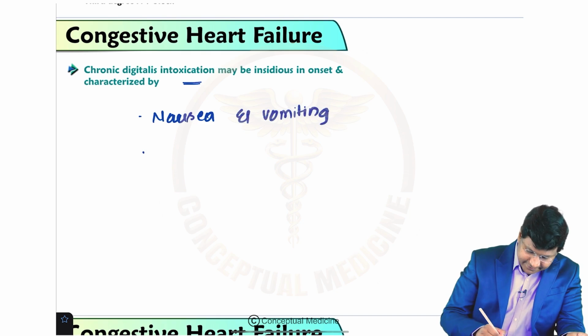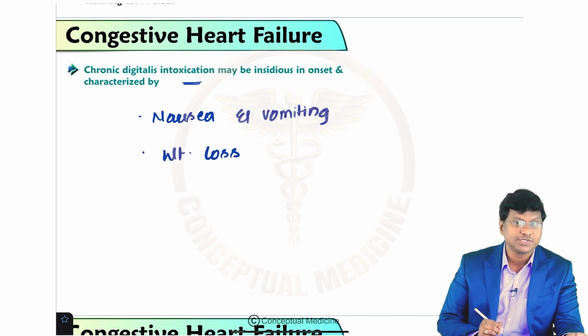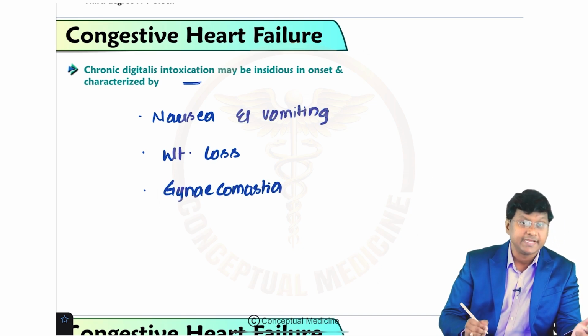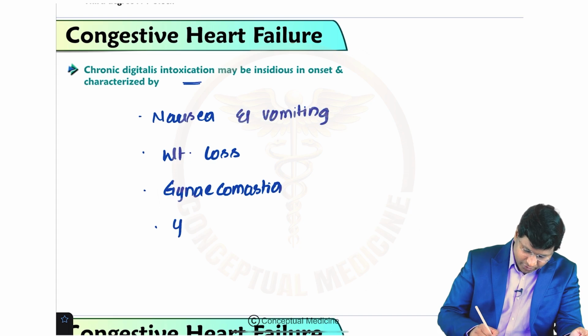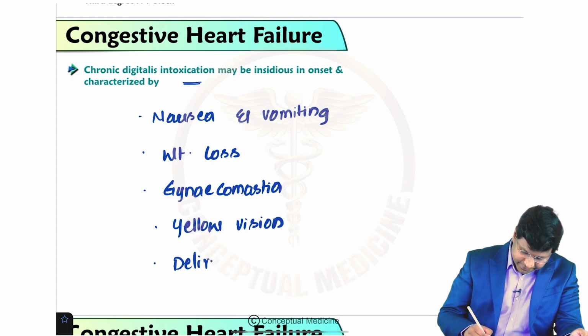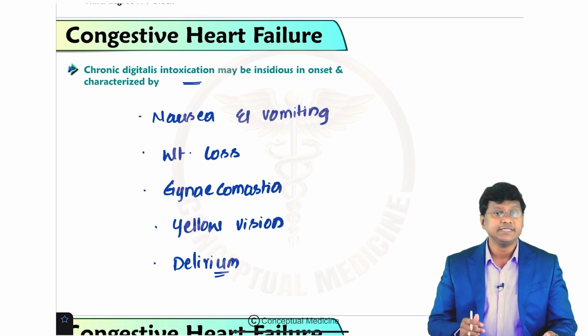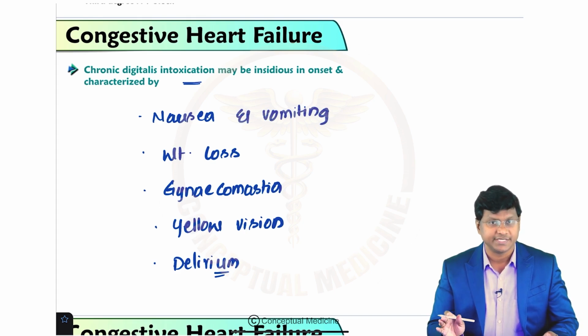Followed by that, there will be weight loss. There can be development of gynecomastia, and yellow vision, and lastly, the individual will also have delirium. So these are the manifestations of digitalis intoxication.